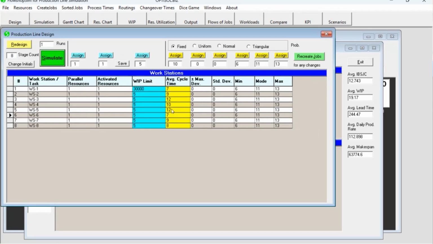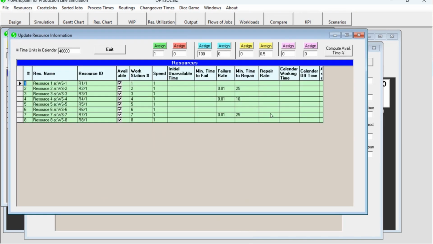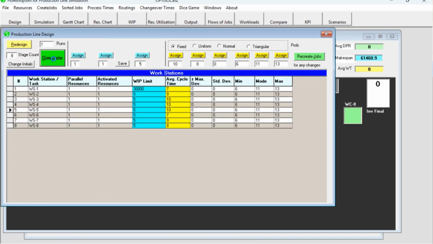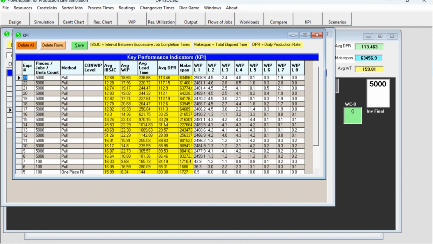I go back and put 10 and 10, and here also 10, create the jobs, go back and restore 25. I want to run that scenario. Okay, now 10, 10, 10. I created the jobs. This also should give some improvement. But when I look at input and output, somehow I didn't put 10 for the fifth workstation. Here you can see this is somewhat better.